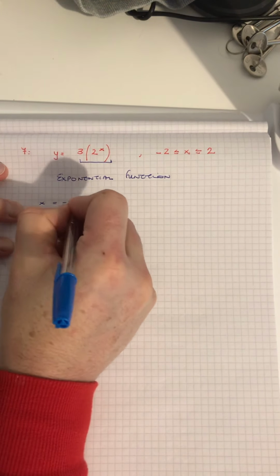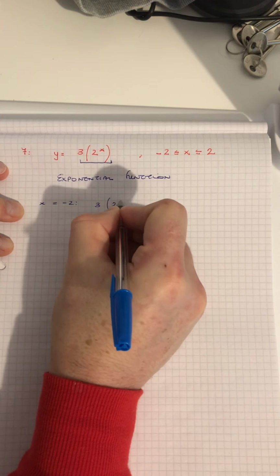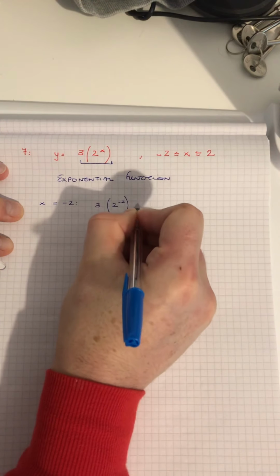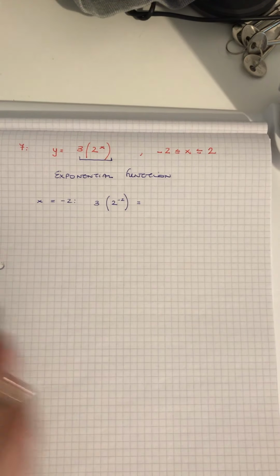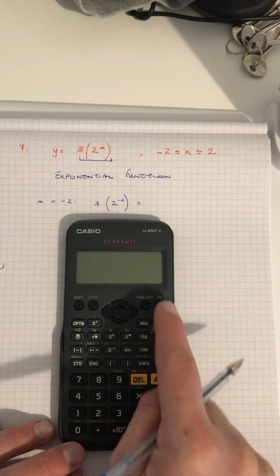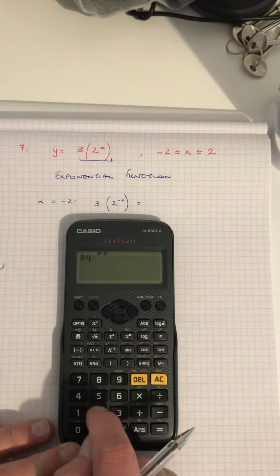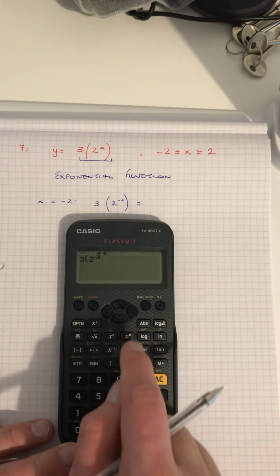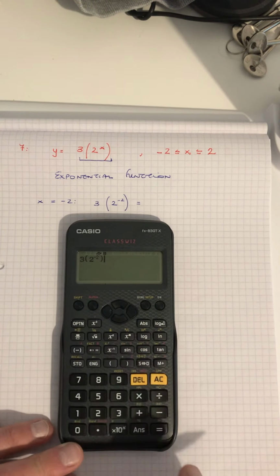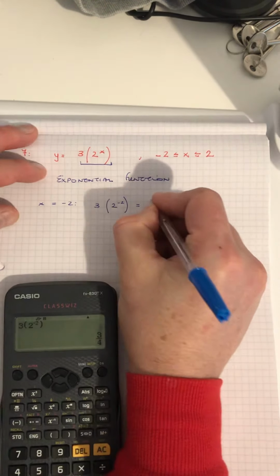So when x is -2, we have 3 bracket 2 to the power of -2, which is equal to, now use your calculator, okay? So turn it on. 3 and in brackets 2 to the power of -2, close the bracket, equal to 3/4.